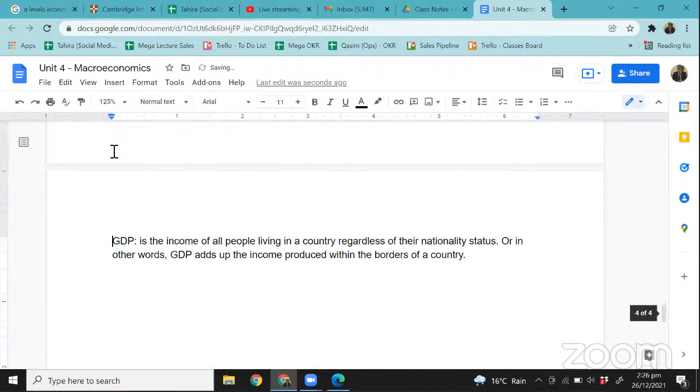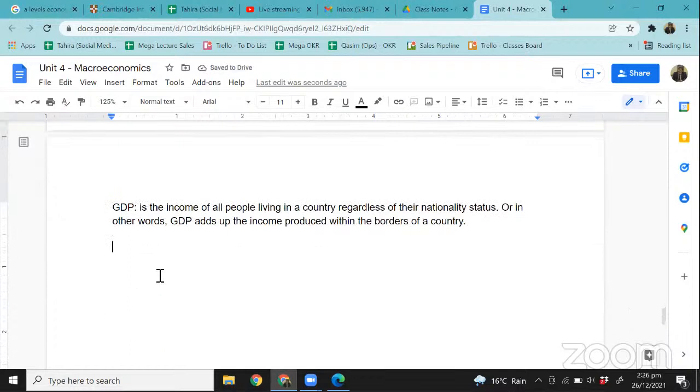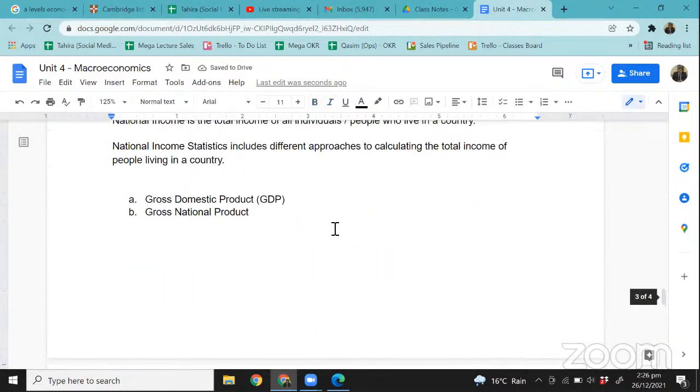If an American is working in the American embassy in Pakistan, his income would also be part of Pakistan's GDP because that is produced within the borders of Pakistan. We are not concerned about the nationality of who is generating that income, but only whether that income is being produced within the borders of Pakistan or not.